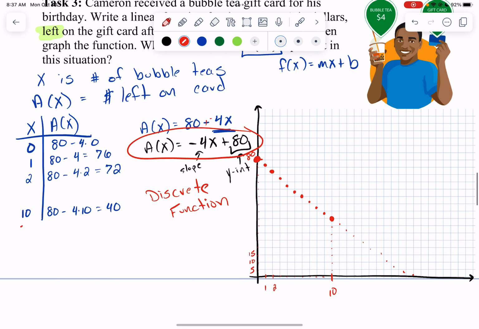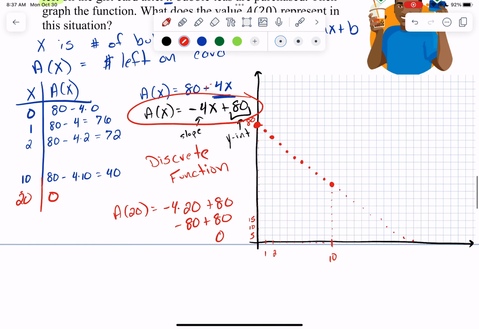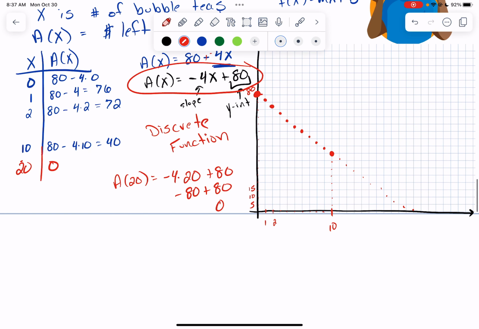What does a of 20 represent? I don't know. Let's put a 20 in. A of 20 equals -4x plus 80. -4 times 20 plus 80, which is -80 plus 80, which is 0. What does a of 20 represent? So a of 20 equals 0.